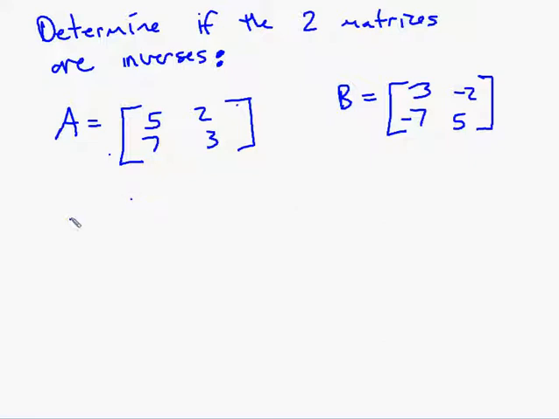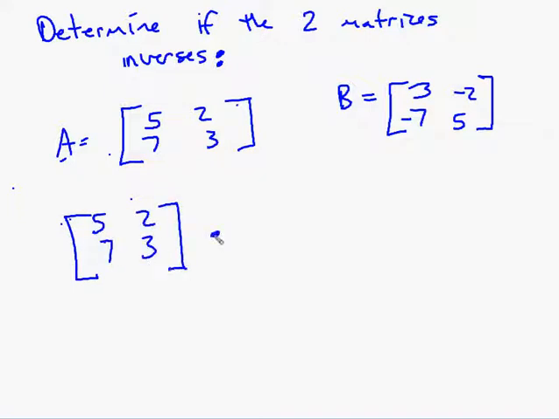So remember at the beginning of class I said, if I multiply two matrices and I get the identity matrix, they are inverses. That's my goal. So I'm going to multiply these matrices and see what I get. I'm going to take 5, 2, 7, 3, and multiply it by 3, -2, -7, 5.